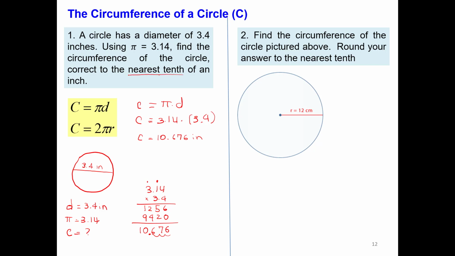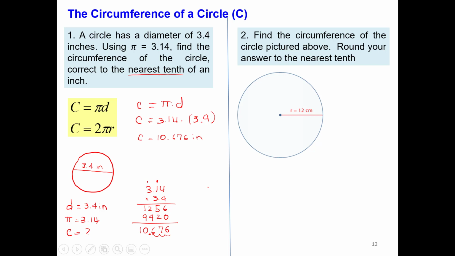And now what is the tenth? It is just this position, which is 6. We need to round this answer to the nearest tenth. This is the rounding digit and this is the testing digit, and the testing digit is greater than 5.